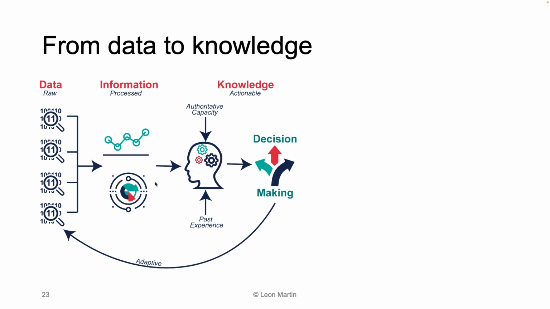So data in the simplest form consists of just raw and uninterpretable values. Information is then created if you process the data. You can organize it, you can structure it, you can provide context and meaning, and therefore information is basically just processed data. And knowledge is then added with meaning.